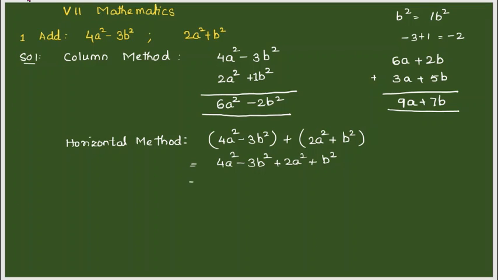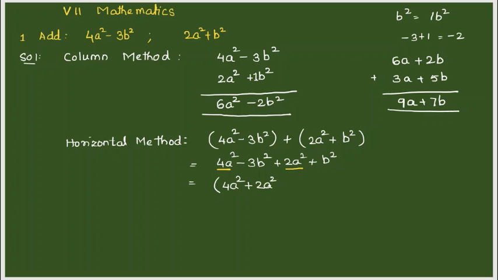So now you need to regroup the like terms. What are the like terms here? 4a square, just I can underline the like terms, 4a square and 2a square. These are the two like terms. So we group them. 4a square, what is the sign of 2a square? That is plus 2a square.